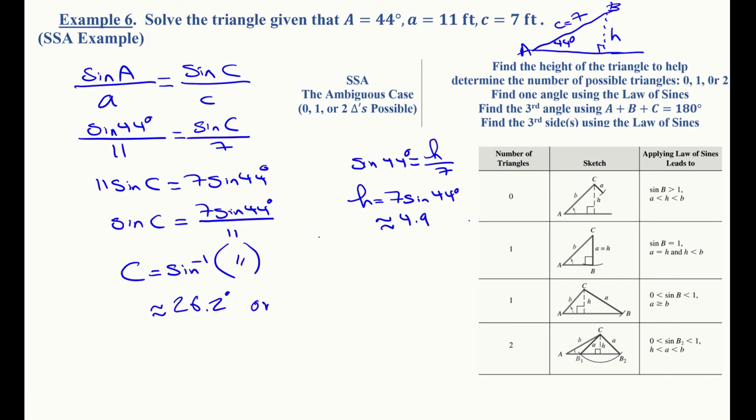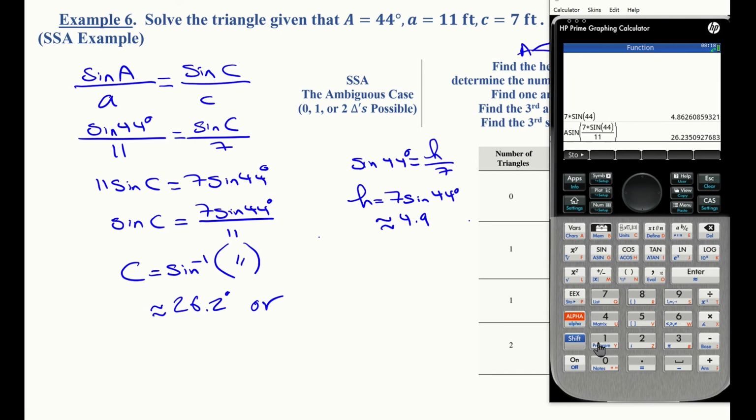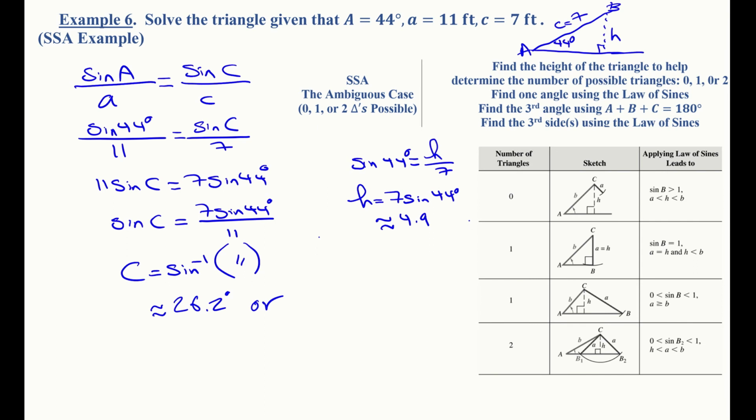Now we know that 180 minus that is going to have the same sine. So if you compute that, we get 153.8 degrees.